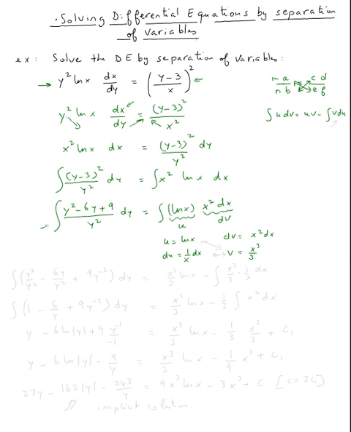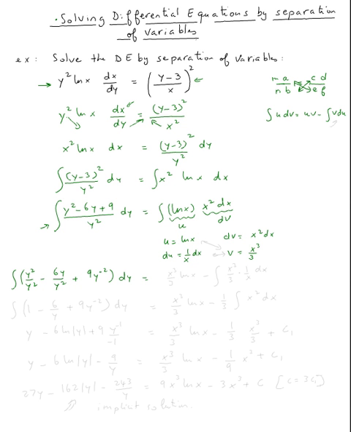Alright, so now let's go back here. The left side, to make this easy, let's divide by y squared. So y squared over y squared minus 6y over y squared plus 9 y to the negative 2, all of this dy. Let's go back to the right side.